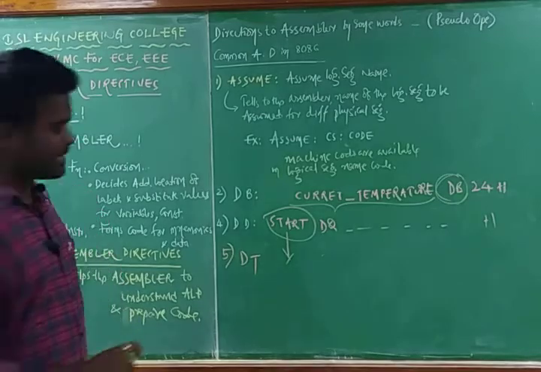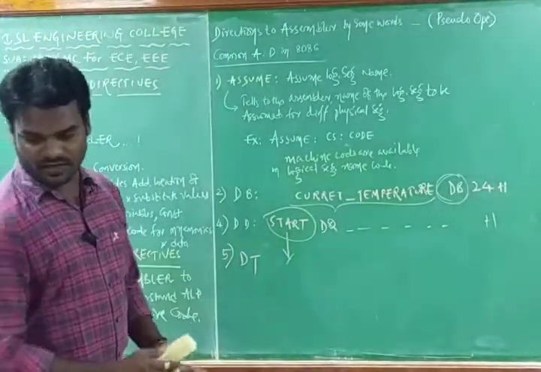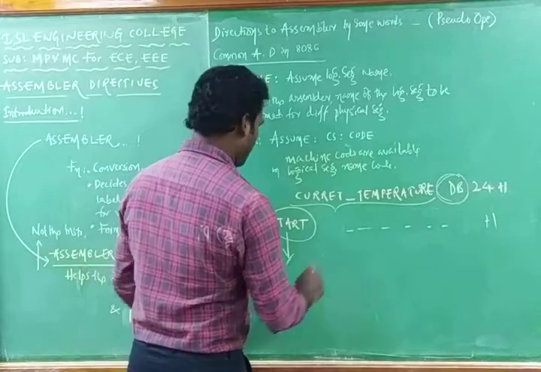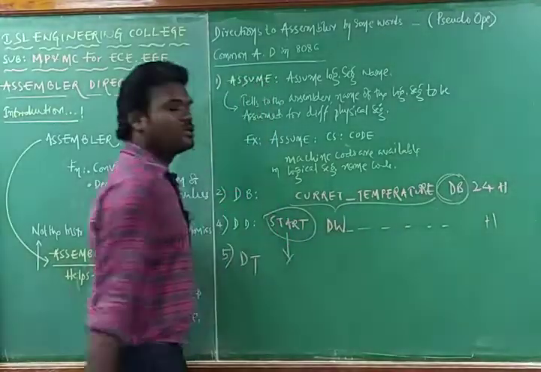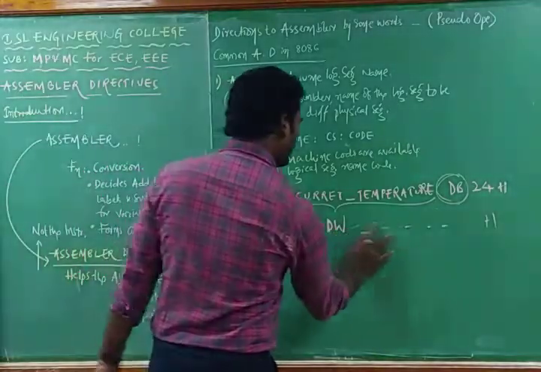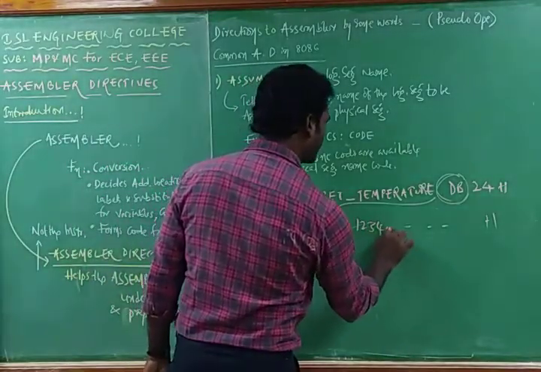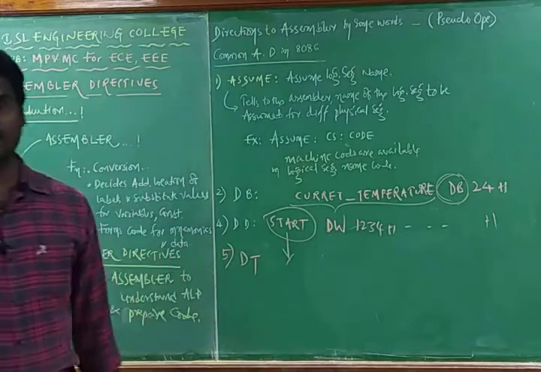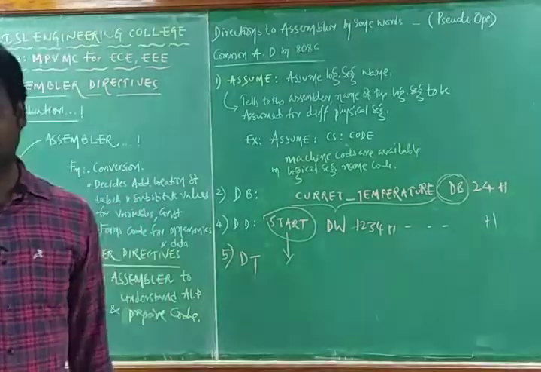I am going with one example: start, and instead of DQ, we use DW, which is define word. If we take a numerical value 1234H, what direction does this directive give to the assembler?